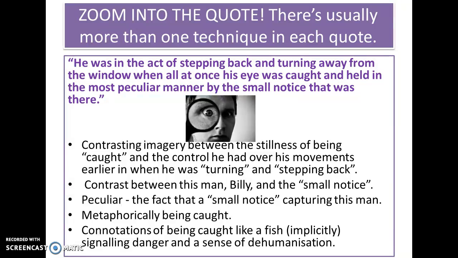Billy is metaphorically being caught. So this metaphorical representation could have implicit meanings because we normally associate someone being caught, for example, with fishing. Fish are often caught. So this signals a sense of danger and dehumanization. Dehumanization is when human characteristics are taken away from a human and that human being is described as an animal or degraded completely.